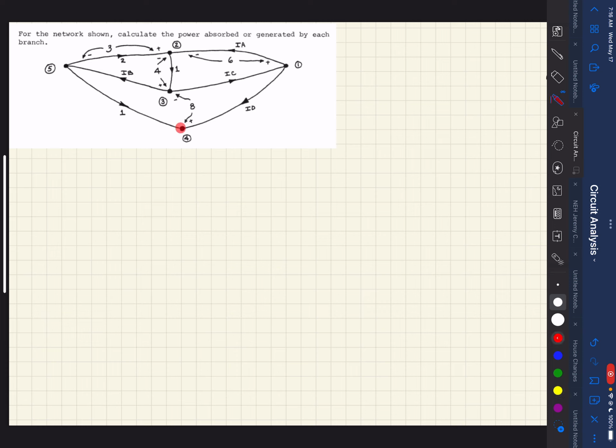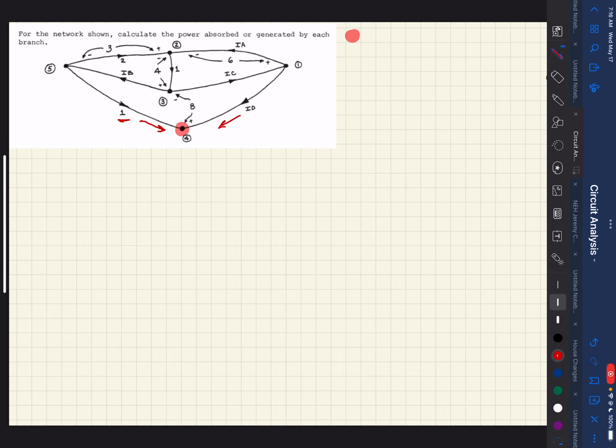So to do that, we're going to take node by node here. We look at this node first, and when we do, we see that there's only two paths in or out of this node. So we have this path here, and we know 1 amp's coming in there. And we have assumed direction of current flow this way. But remember, energy must be conserved, which means that current must be conserved.